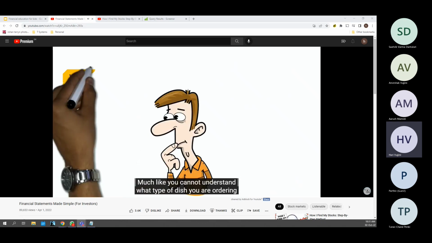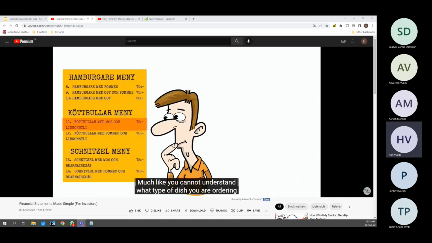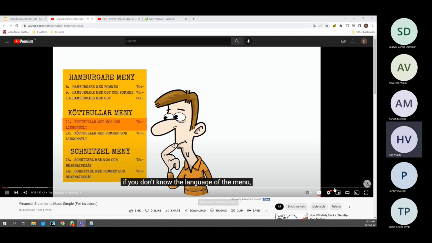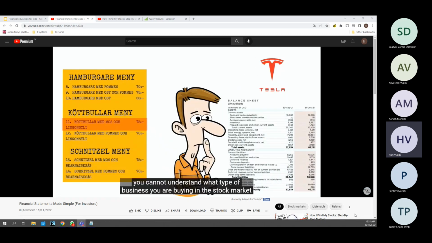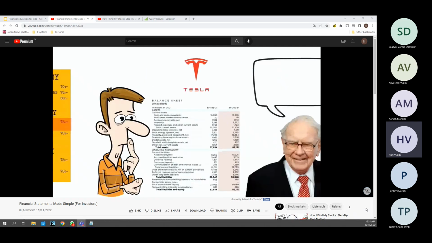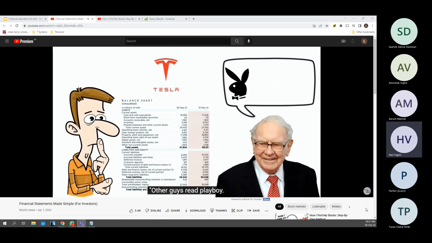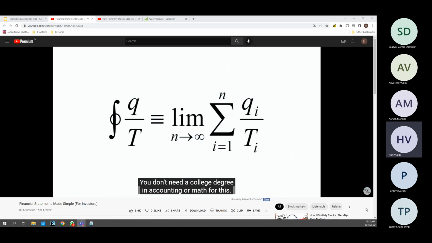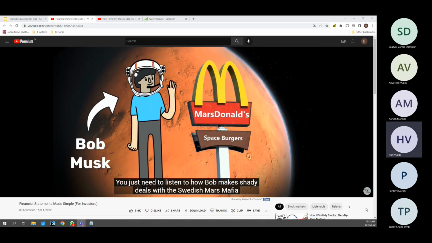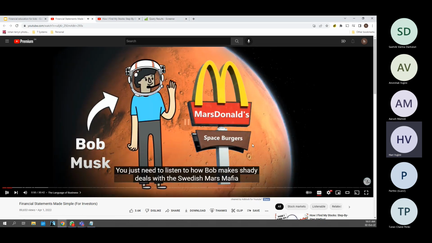Much like you cannot understand what type of dish you are ordering if you don't know the language of the menu, you cannot understand what type of business you are buying in the stock market if you don't know financial statements. Other guys read Playboy. I read financial reports. And by the way, don't worry. You don't need a college degree in accounting or math for this. You just need to listen to how Bob makes shady.